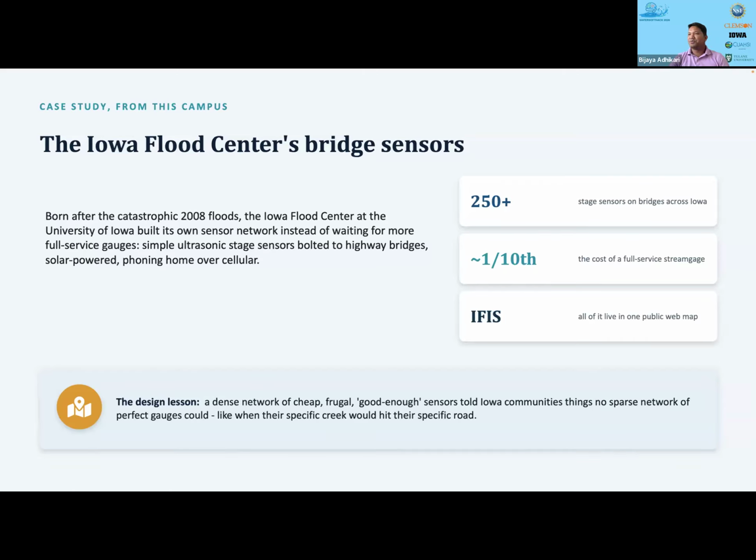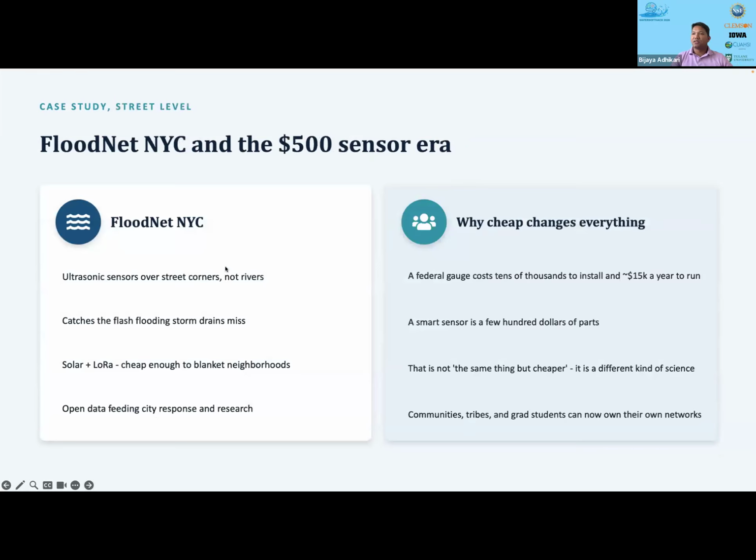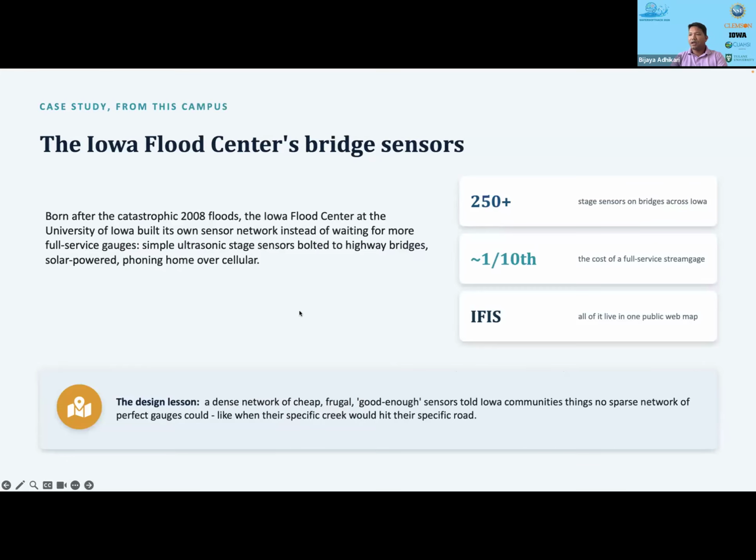There are both advantages and disadvantages, but it gives you higher coverage. Essentially, it's a collection of simple ultrasonic stage sensors bolted to highway bridges, solar powered devices, connecting over the cellular network. So it's a dense network of cheap, frugal, good enough sensors.